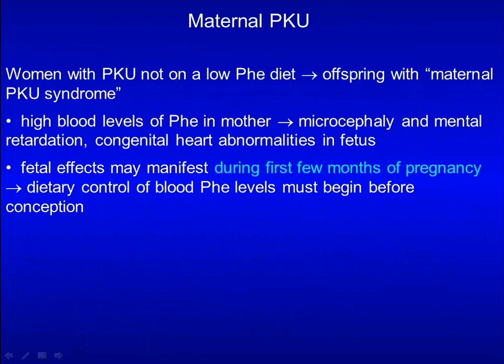High blood levels of phenylalanine in the mother cause microcephaly, mental retardation, and congenital heart abnormality in the fetus. Fetal effects may manifest during the first few months of pregnancy. As a result, dietary control of blood phenylalanine levels in the mother must begin before conception.